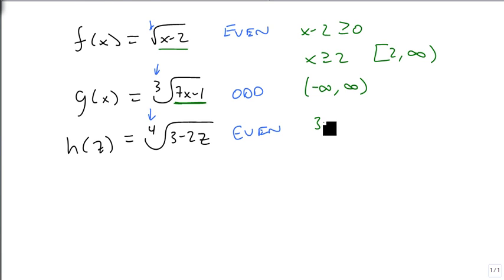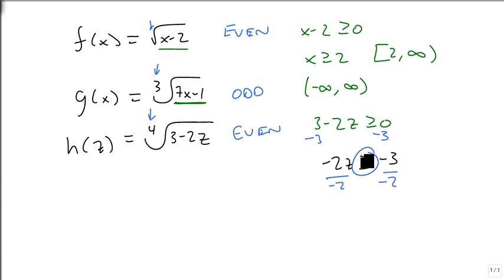So we take 3 minus 2z, set that greater than or equal to 0, subtract 3 to get minus 2z is greater than or equal to minus 3, divide by minus 2, and because it's an inequality, it becomes less than or equal to 3/2, so z is less than or equal to 3/2, or in interval notation, minus infinity to 3/2 with a square bracket.